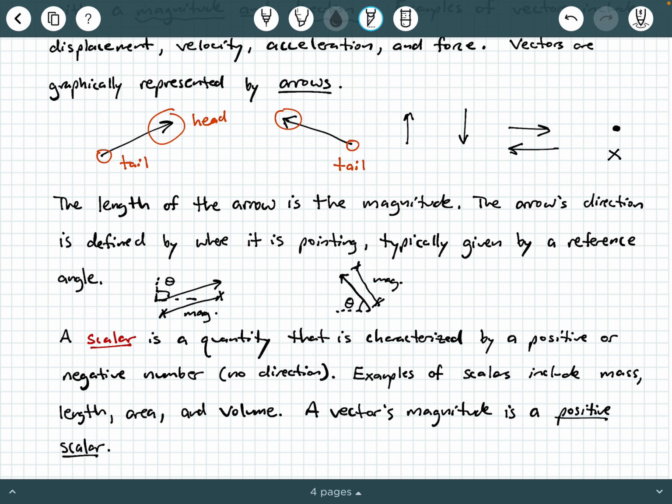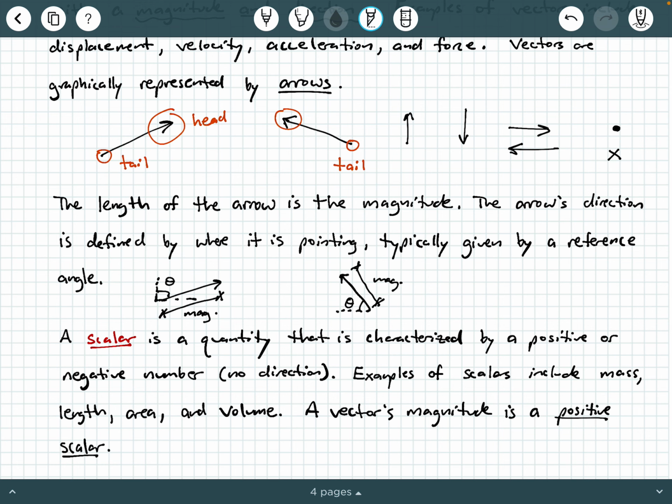So a scalar is like a constant of some sort. It's just a number. It could be positive or negative. Examples of scalars include mass, length, area, and volume. So a vector's magnitude, which graphically is the length of the arrow itself, is an example of a positive scalar.